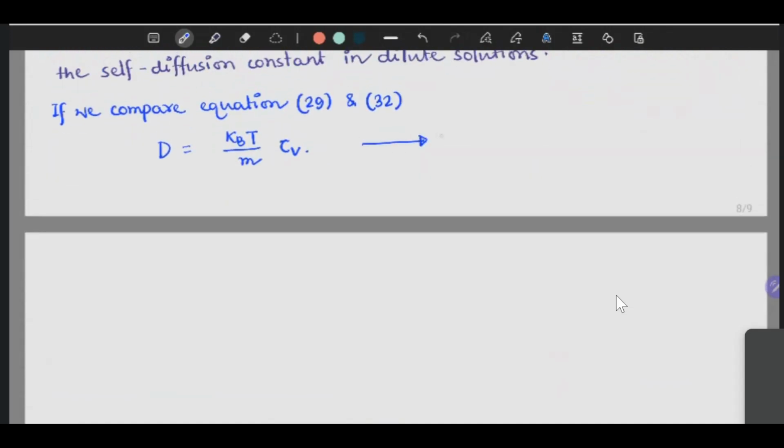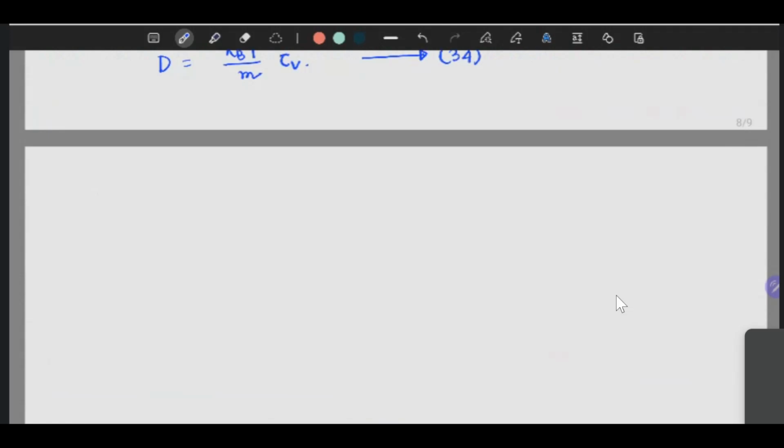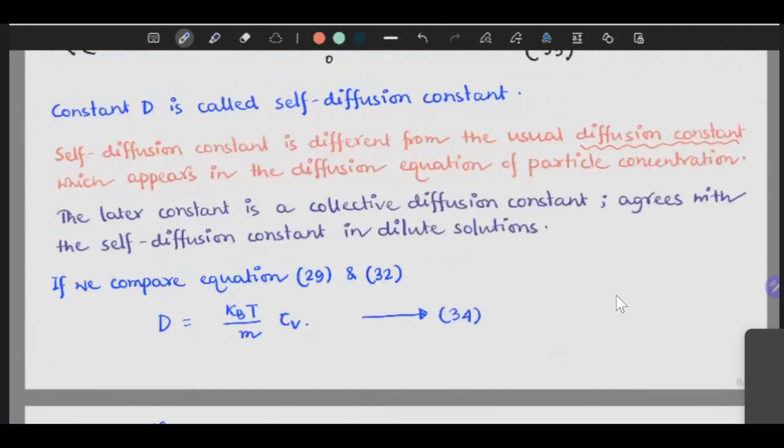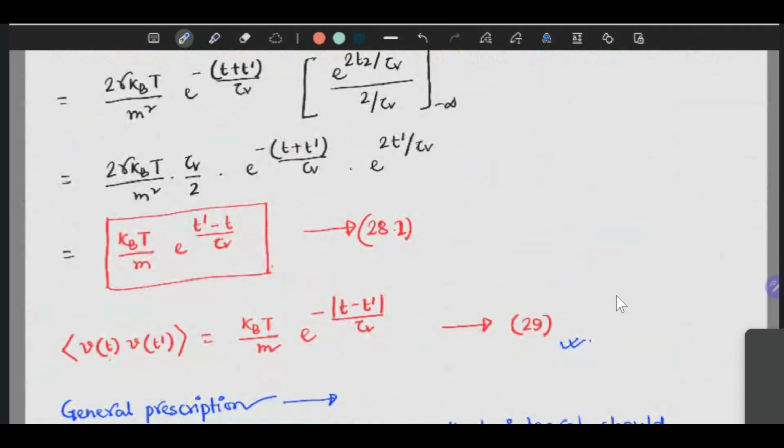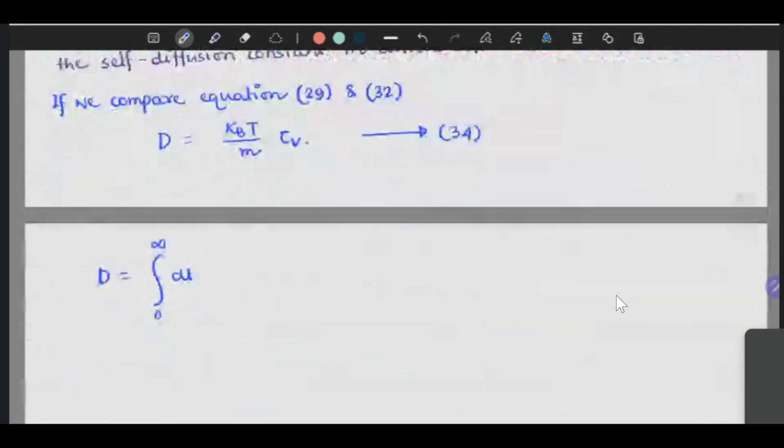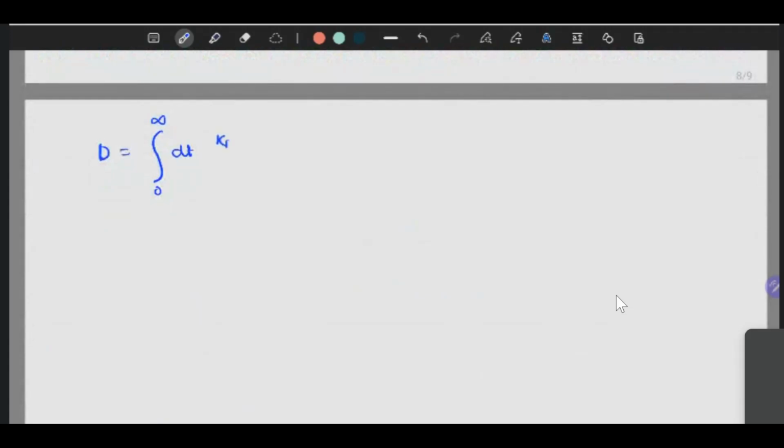How? Let me show this. This is 34, because your equation then becomes the integral from 0 to infinity dt, and Vt is this one, so this will be e to the power minus t by tau v. So kBT by m into e to the power minus t by tau v.